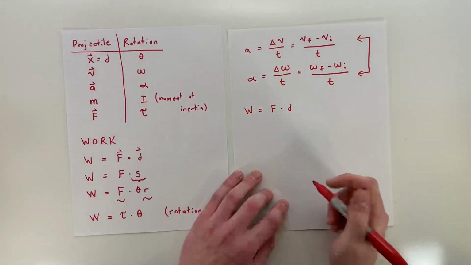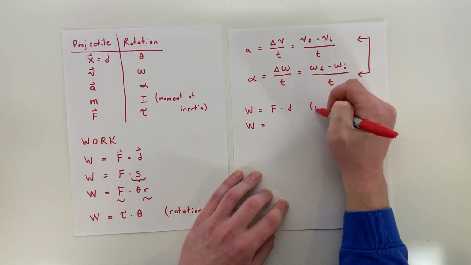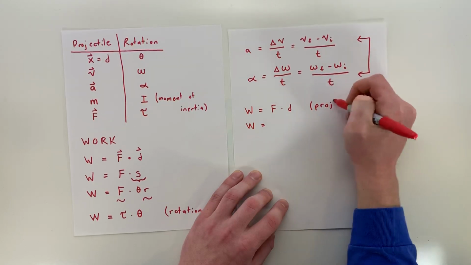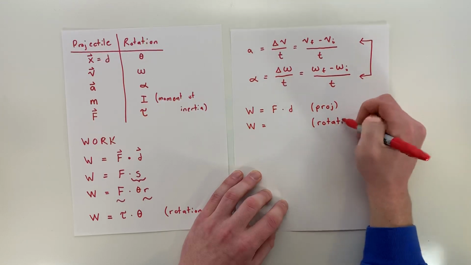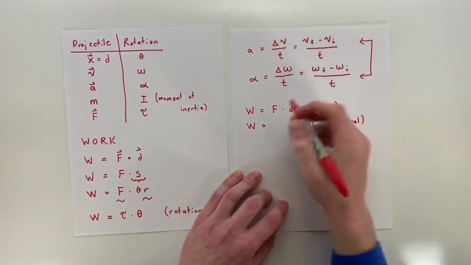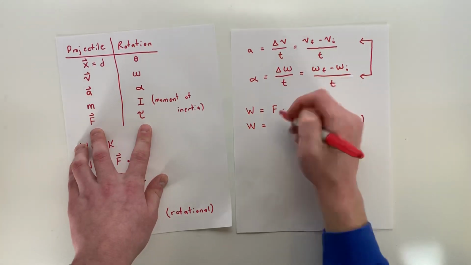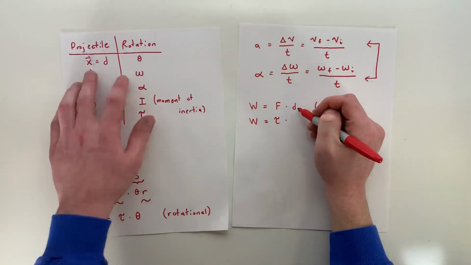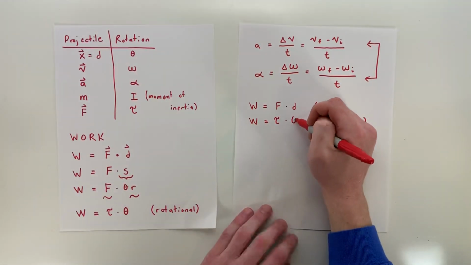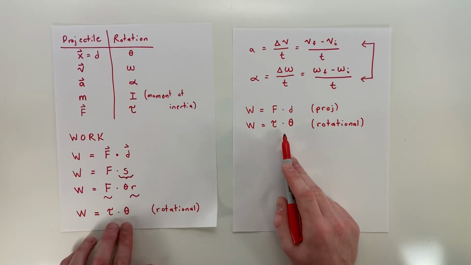So using our little chart, if we want rotational work, we look at our chart. Force is similar to torque, and distance is similar to theta. And look at that. We found exactly what we have here.